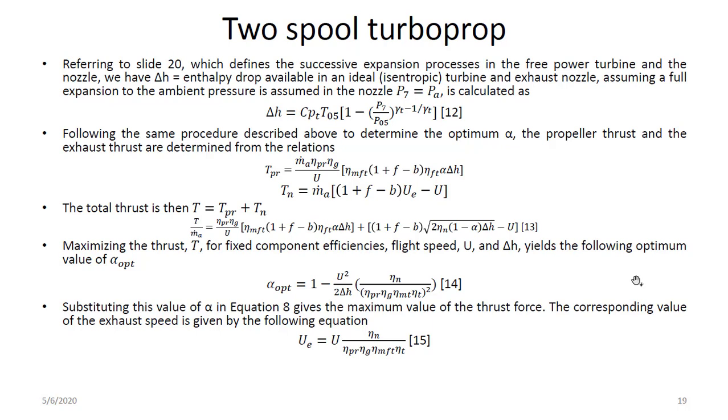That's what they mean by maximization of the total thrust. And you make alpha the subject, and after you do that, you give it a subscript, the optimum alpha, to be given by this formula.